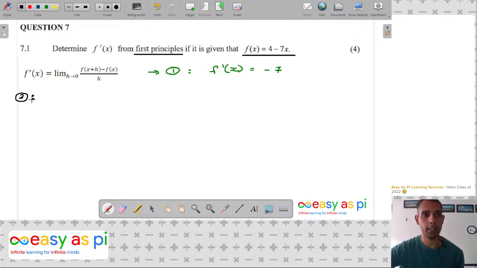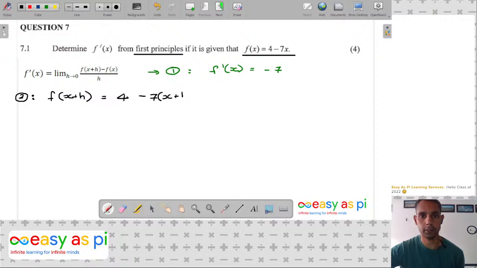The way I like to set it out is I like to say, let's work out f at x plus h. In terms of the functional notation, what does this mean? This means wherever I see x, I will replace it with x plus h. So f at x plus h becomes 4 minus 7, and where I see x, I'm going to put the brackets in, x plus h.